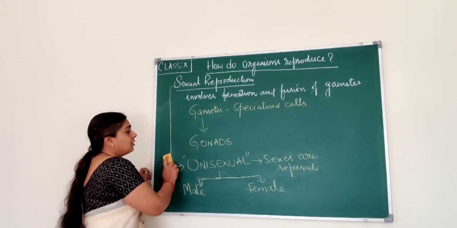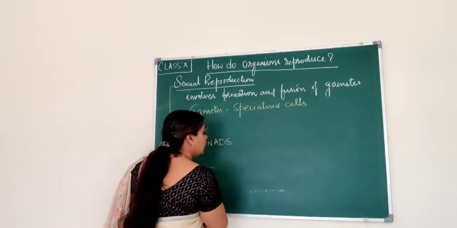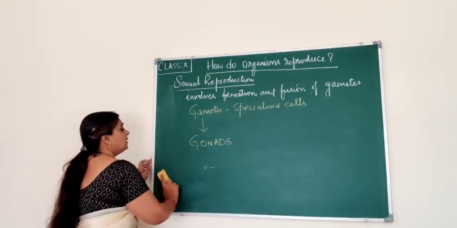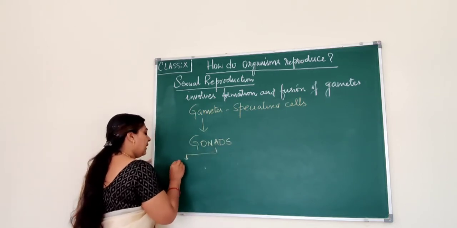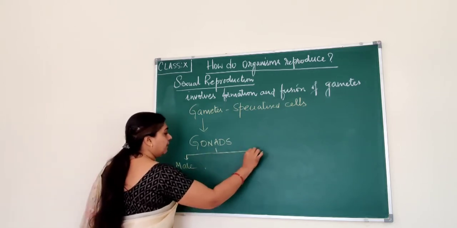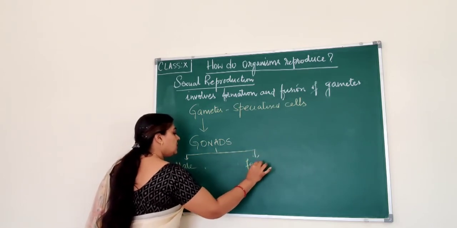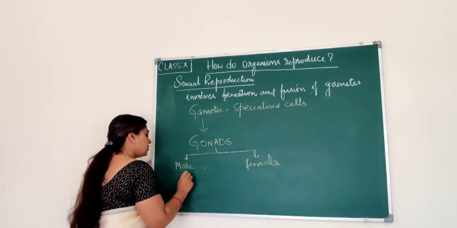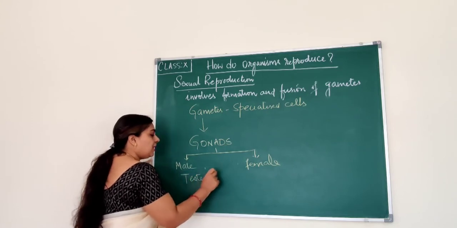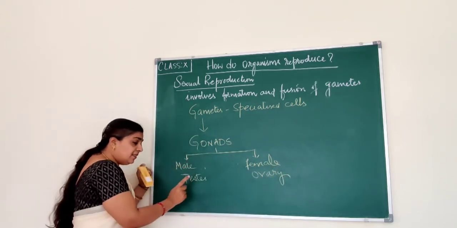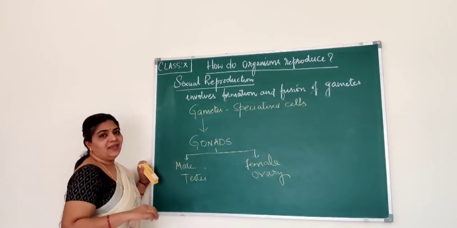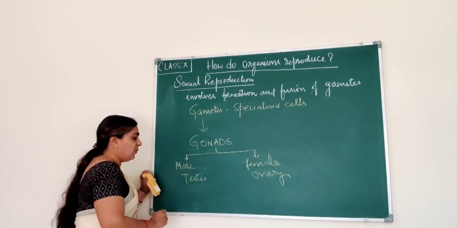So now let us come back to gametes. Gametes are produced in gonads. We have already learnt about gonads. We have the male gonad and the female gonad. The male gonad is called the testis and the female gonad is called the ovary. Only in the testis and ovary are the gametes produced.